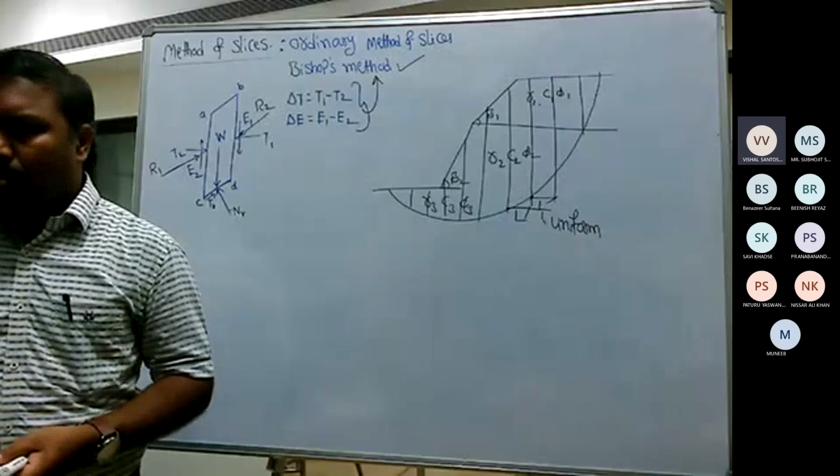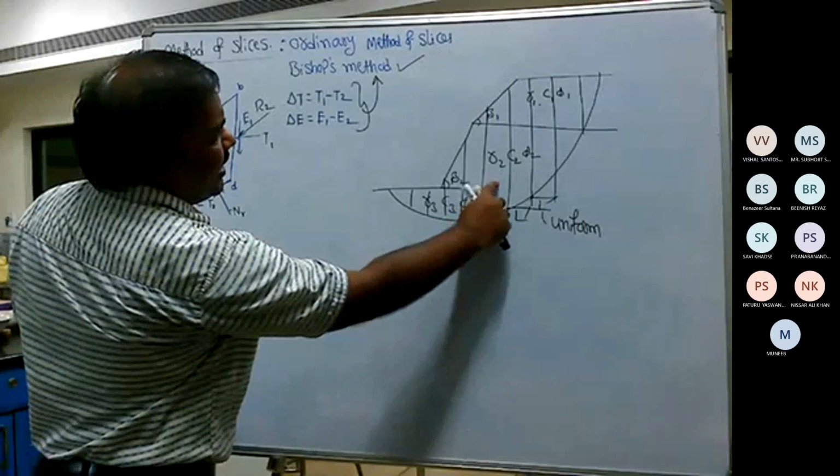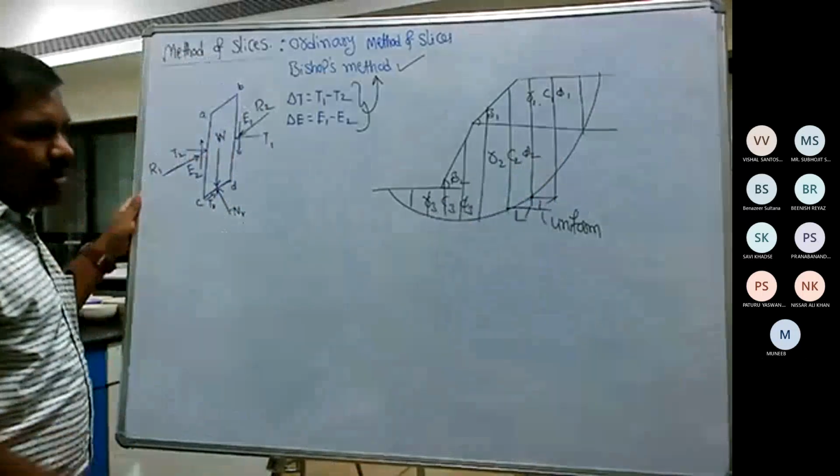And sir, what are E1, T1 and E2, T2? See, suppose I take any small slice.